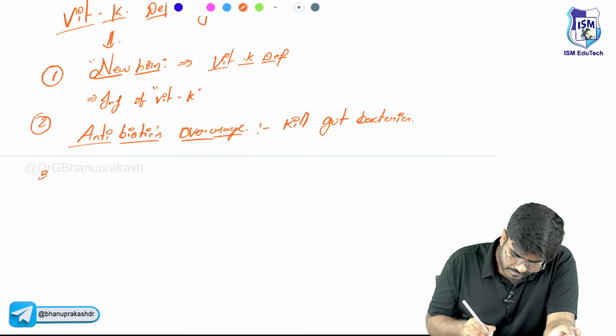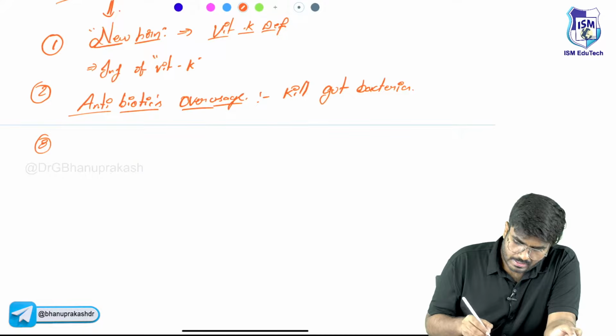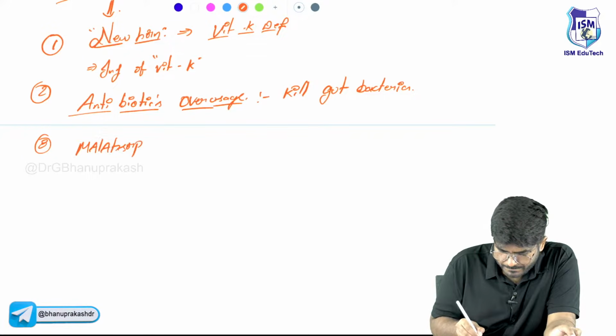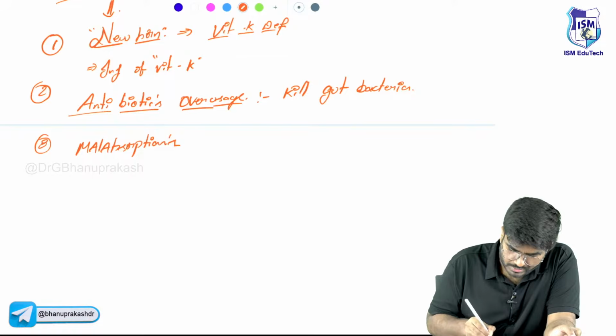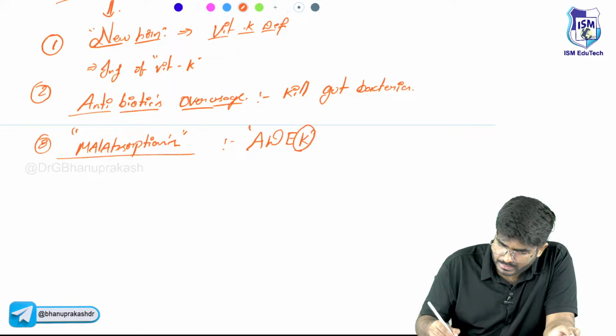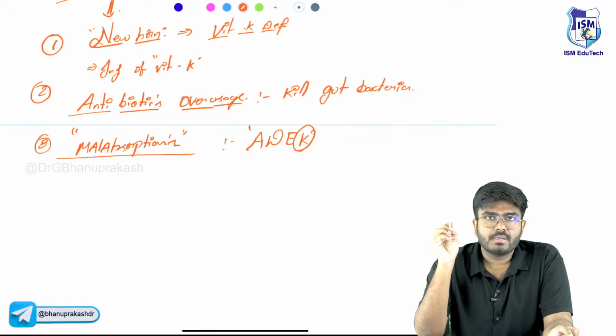Next, in certain diseases like malabsorption. You are taking vitamin K, but you need to remember that A, D, E, K are fat soluble vitamins.